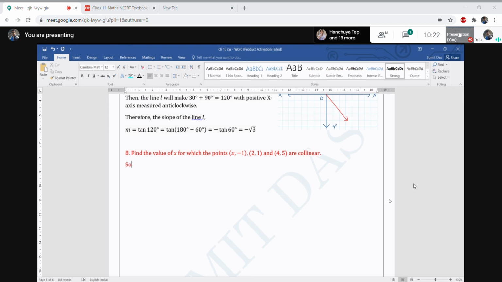So solution: let the points be A, B and C. I'm just giving names to these points so that it is easy to find the slope.